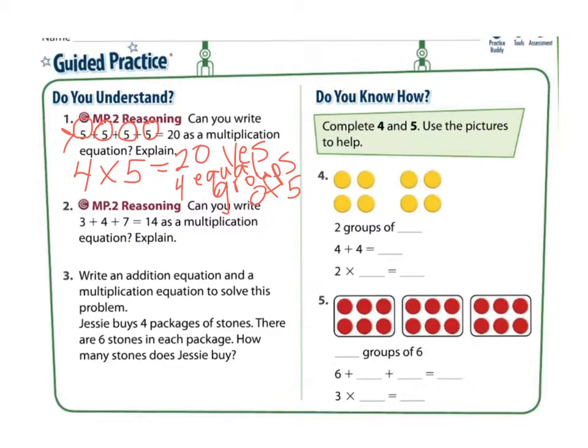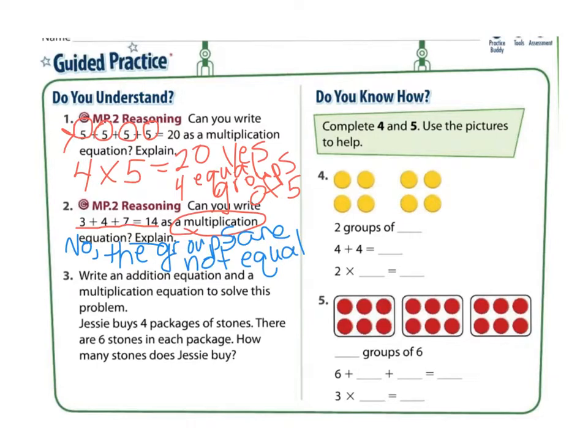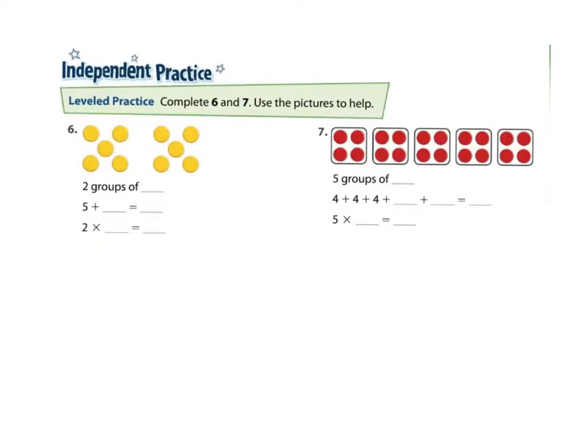Can you write 3 plus 4 plus 7 equals 14 as a multiplication equation? No, we cannot. Why? Because the groups are not equal. Notice in number 6, we have 2 equal groups of 5 counters.